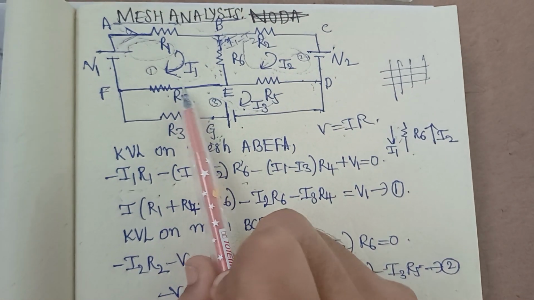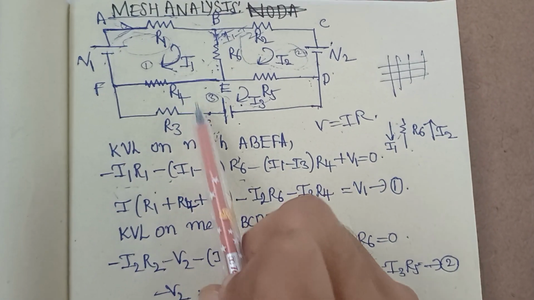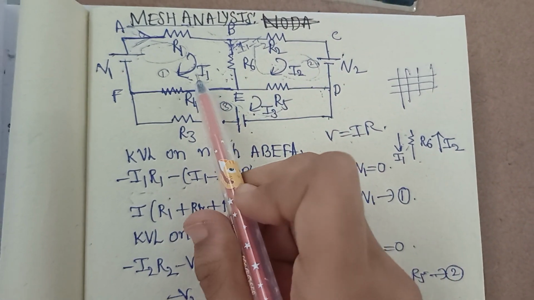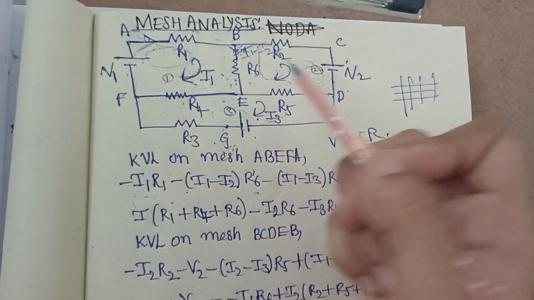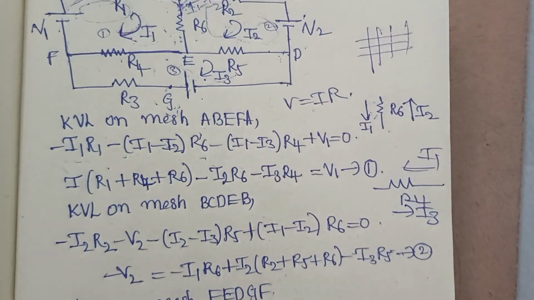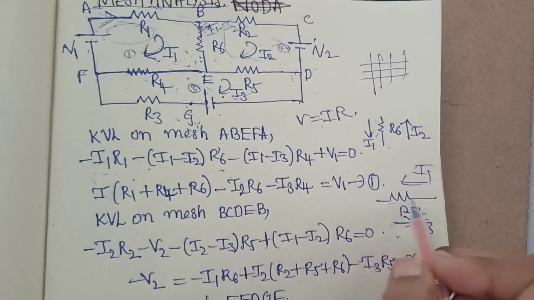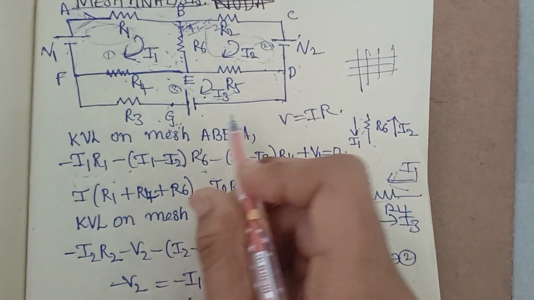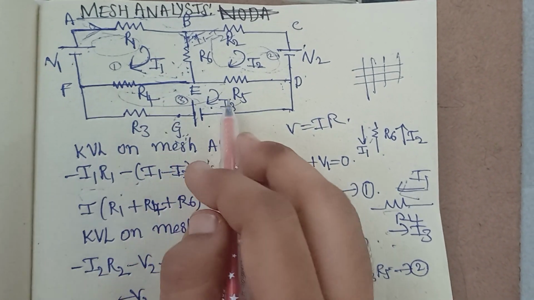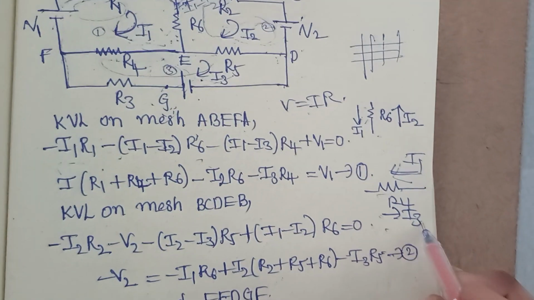And again, while coming to this resistor R4, we have two currents involved, that is I1 and I3. If you redraw the circuit, your I1 is in this way and your I3 is flowing like this, so this I3 will be in such a manner.